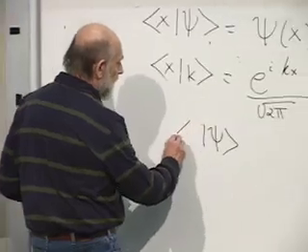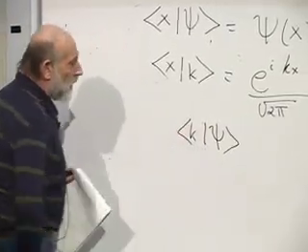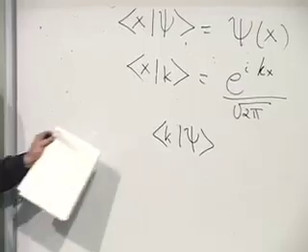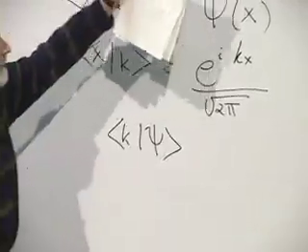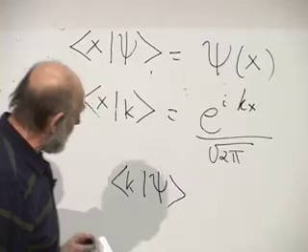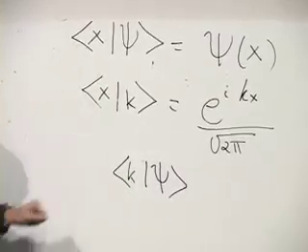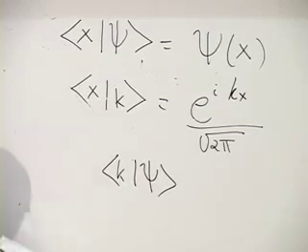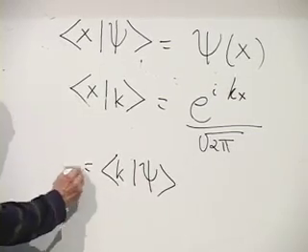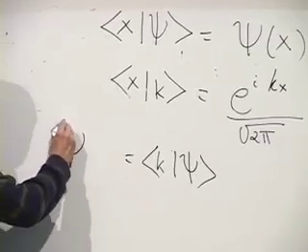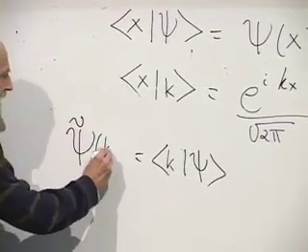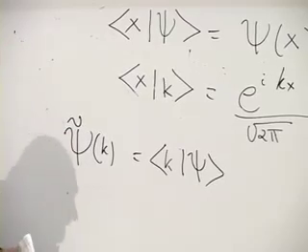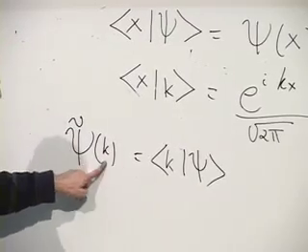Well, that's equal to the square of this quantity. K, of course, being related to the momentum by a factor of h bar, which I will ignore. The inner product of psi with k, quantity squared, multiply this by its conjugate. Let's call this psi twiddle of k. It's the thing that you square to find the probability for different momenta.